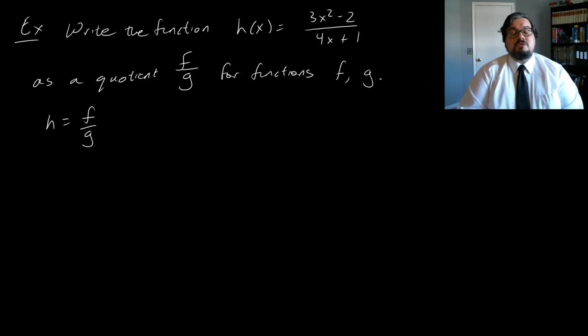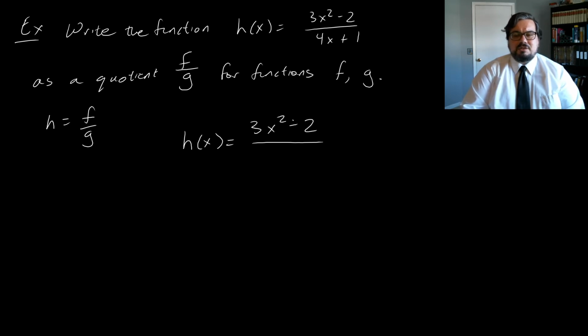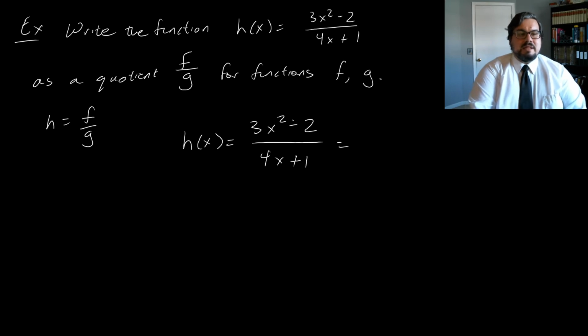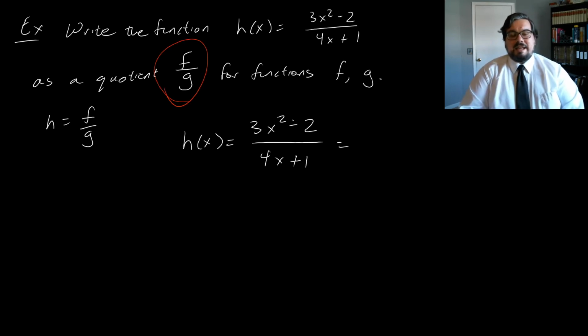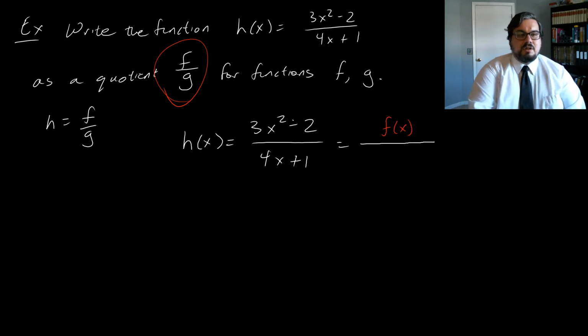However, there are usually some obvious ones. So what we want to do is take the expression for h, 3x squared minus 2 over 4x plus 1, and try to recognize it in the form that we're being asked to describe it, as a quotient of some f of x function over some g of x function.